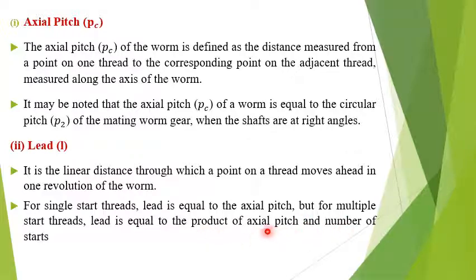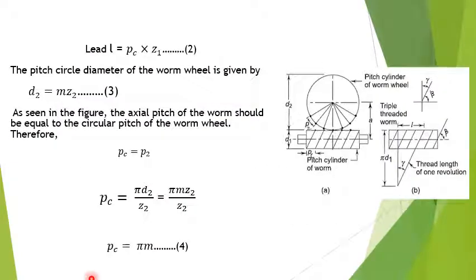This is to be noted. So continuing, the lead L is equal to the axial pitch times the number of starts on the thread. Let us take this as equation number 2.